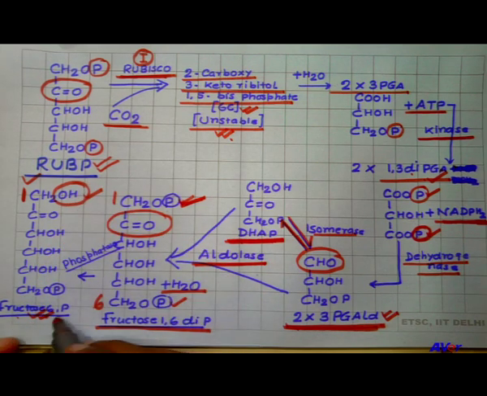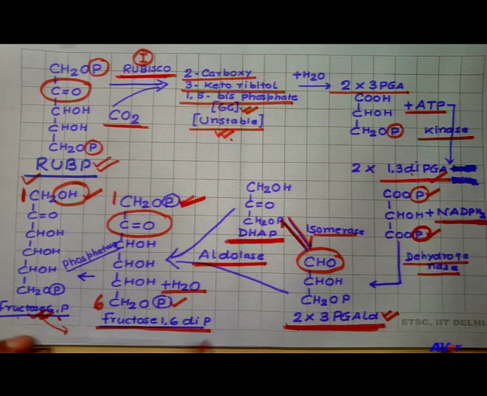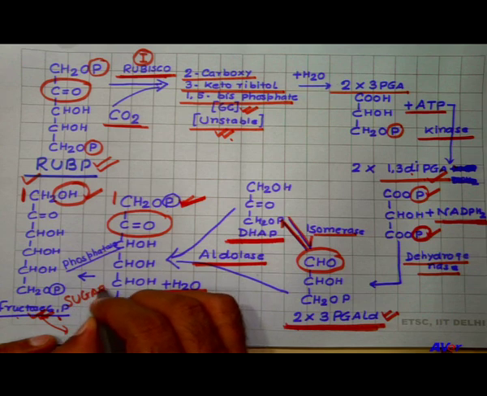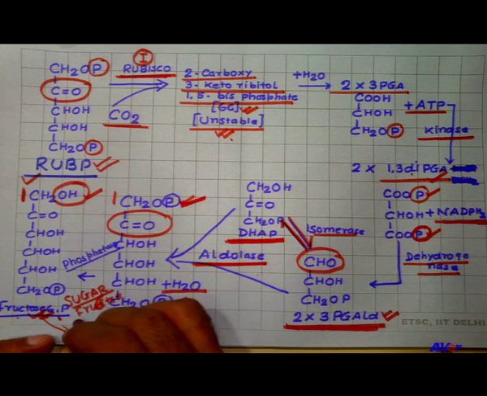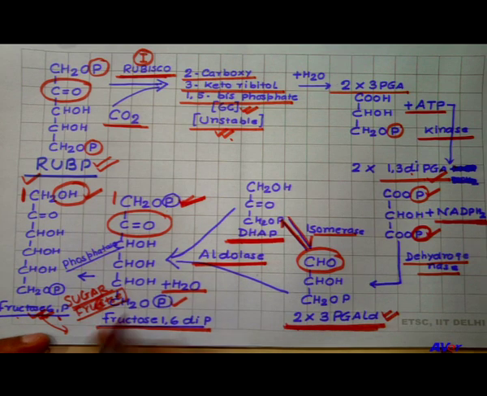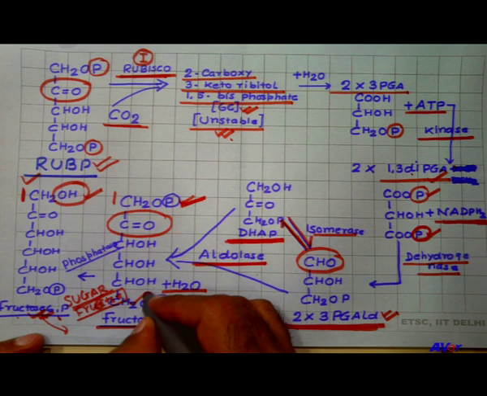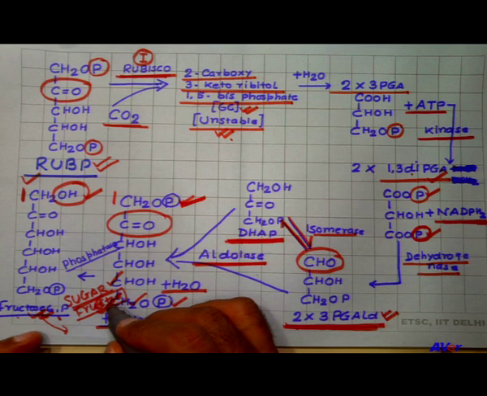So, from this fructose 6-phosphate sugar is formed, as well as another molecule, fructose, which is the main thing of photosynthesis. The product of photosynthesis, that is the sugar or starch, is formed.